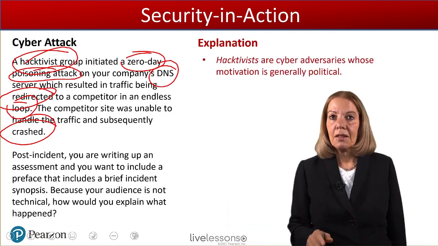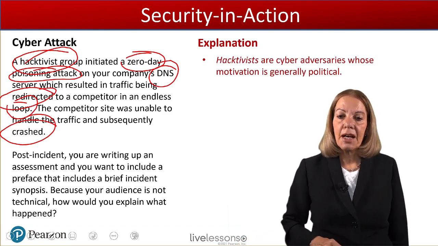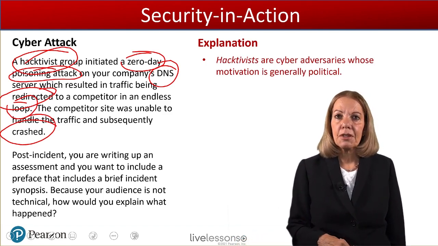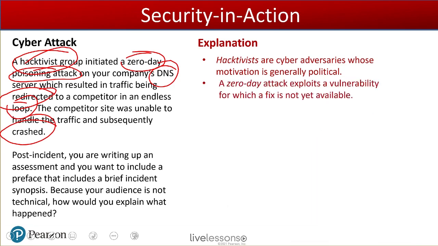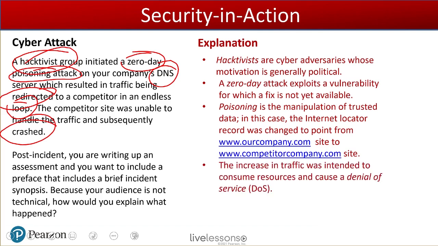Who were the victims? You may begin by explaining that hacktivists are cyber adversaries whose motivation is generally political. A 0-day attack exploits a vulnerability for which a fix is not yet available. Poisoning is the manipulation of trusted data. In this case, the Internet locator record was changed to point from www.ourcompany.com to www.competitorcompany.com.